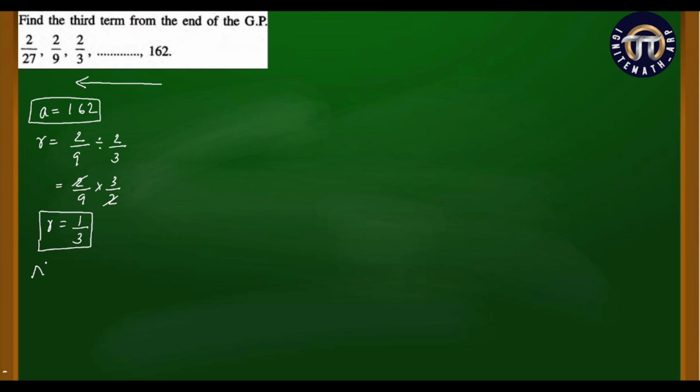So the third term from the end is equal to AR to the power of 3 minus 1, so AR square. So A is what, children? 162. R is what, children?